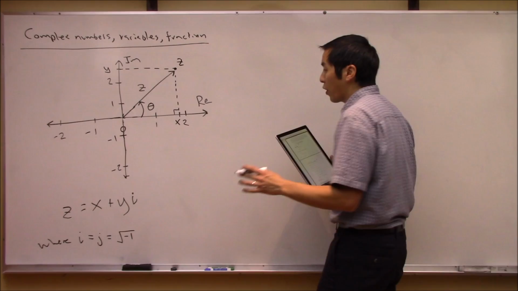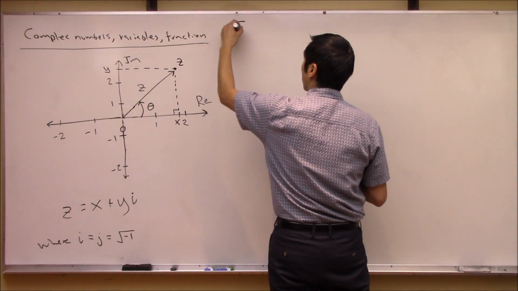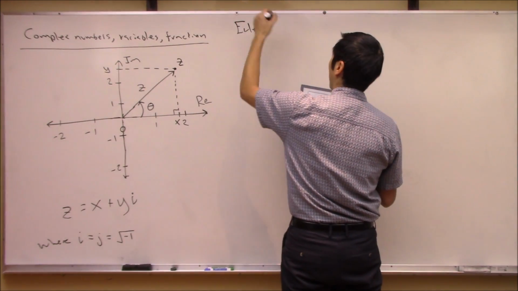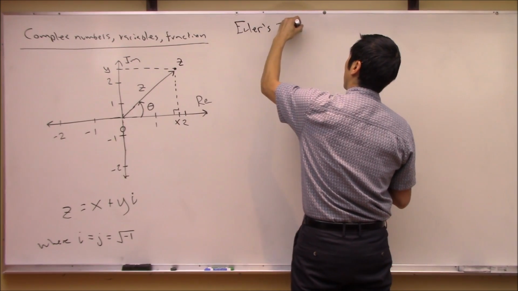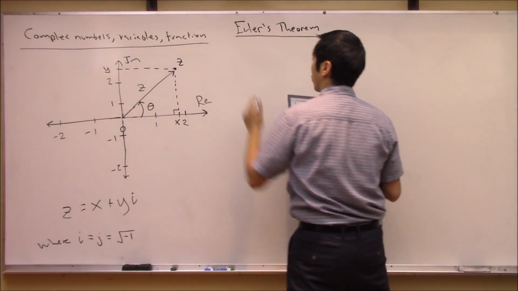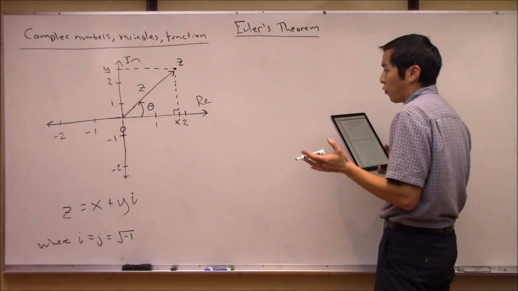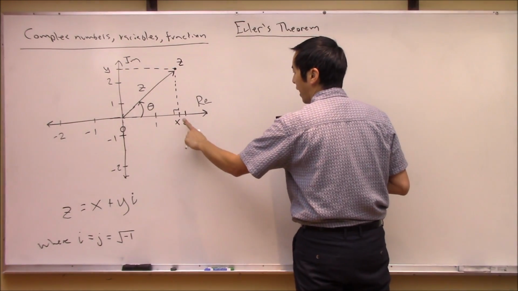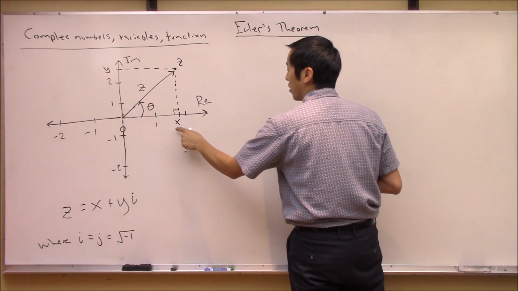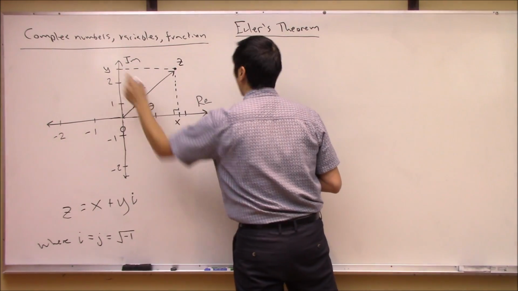All right, so with this framework in mind, we're in a good position to look at trying to derive Euler's theorem. And Euler's theorem is really just a way to relate a complex number and write it down in a different format. So to get to it, let's first look at the expressions for x and y, right?